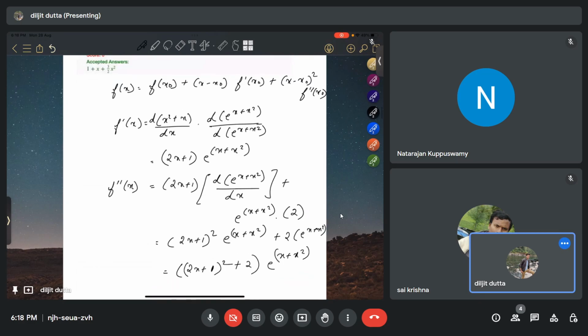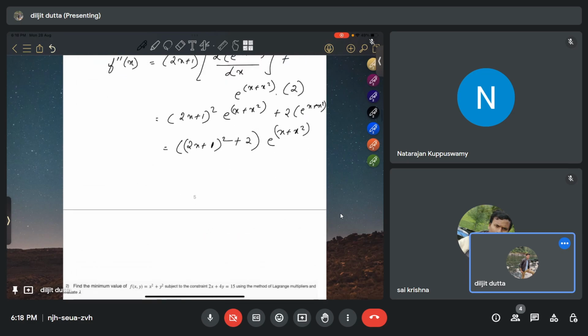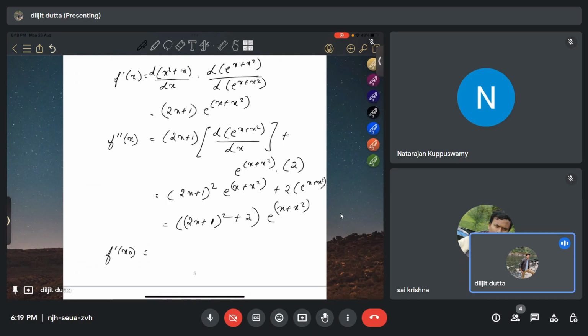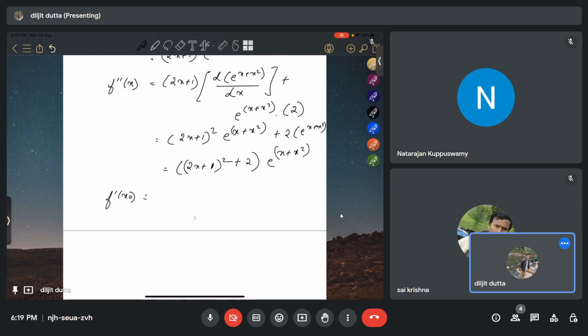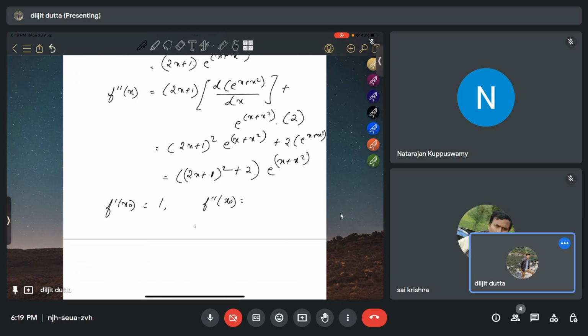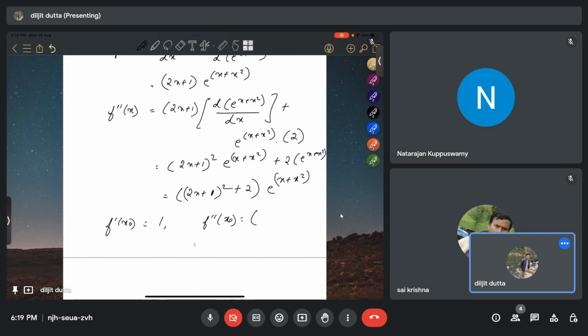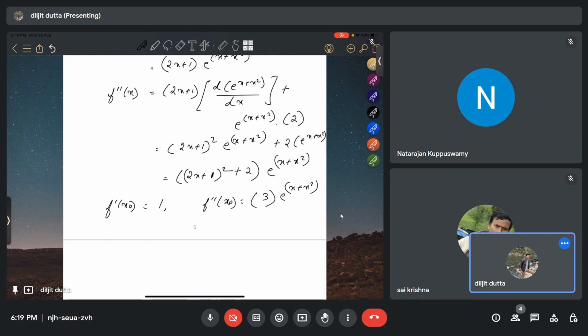We can substitute, get the value of this at x equal to x naught. So f dash x naught, if we put 0, it will be 1 into e to the power 0, which is 1, and f double dash x naught, it will be 0 plus 1, 1 plus 1 2, it will be 3, 3 into e to the power 0, this will be 1.